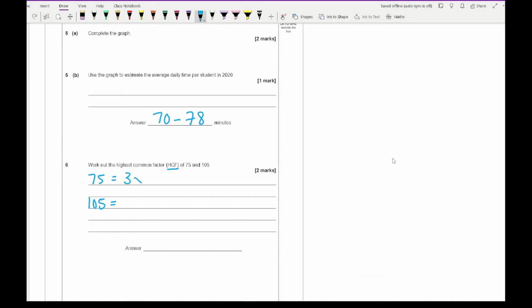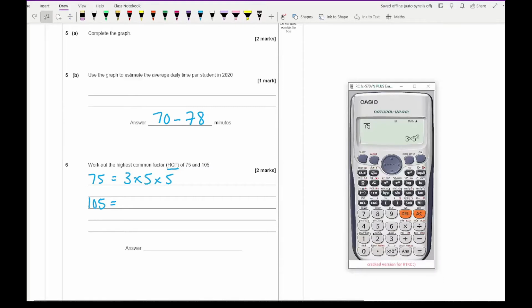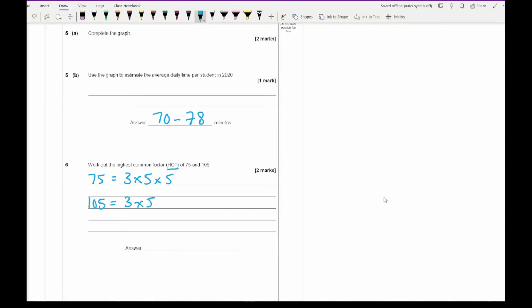So this is 3 times 5 times 5. If I do the same with 105, press equals, then shift and fact, that's 3 times 5 times 7. You will be expected to write the numbers as a product of their primes, and then just circle the common numbers. So 3 times 5, which is 15.